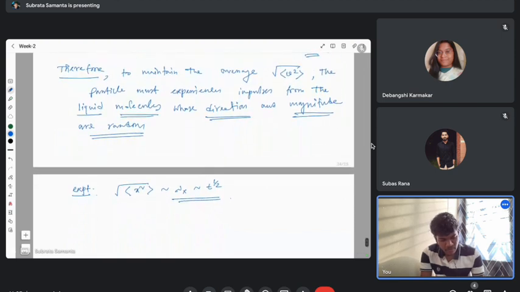So up to this point is clear, right? To maintain this average, the particle must experience impulses from the liquid molecules, and we call these impulses the random force.